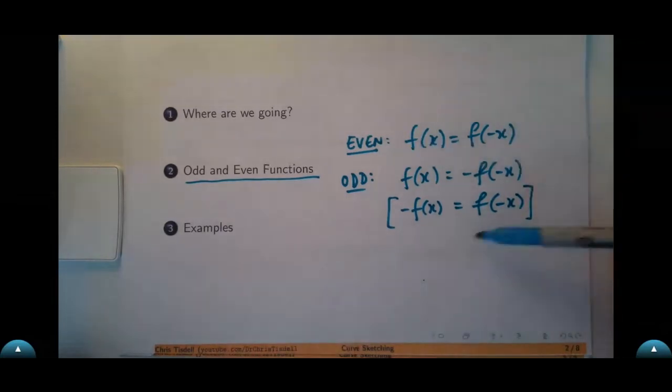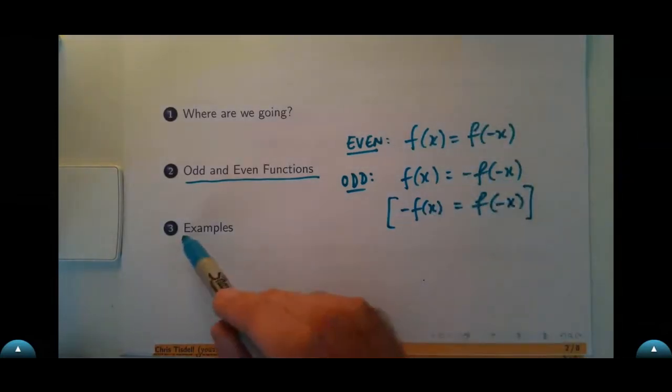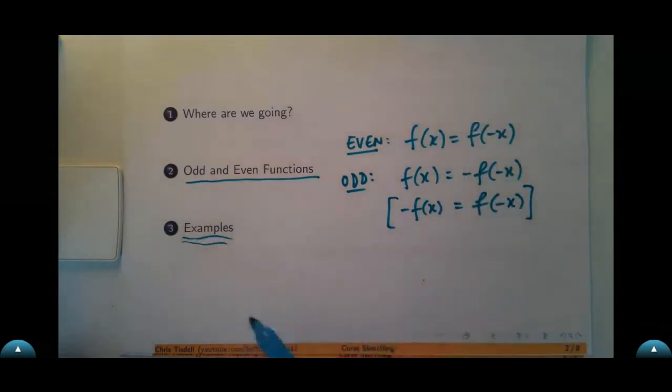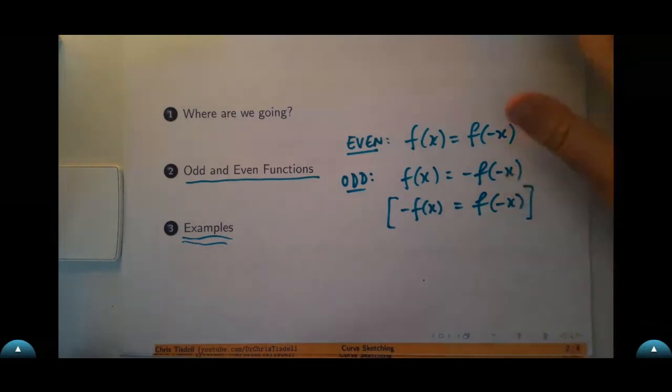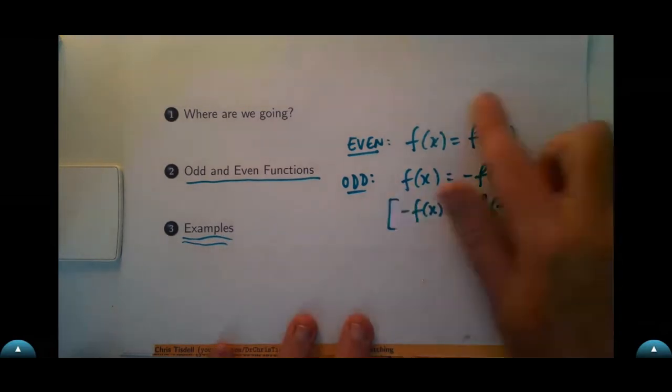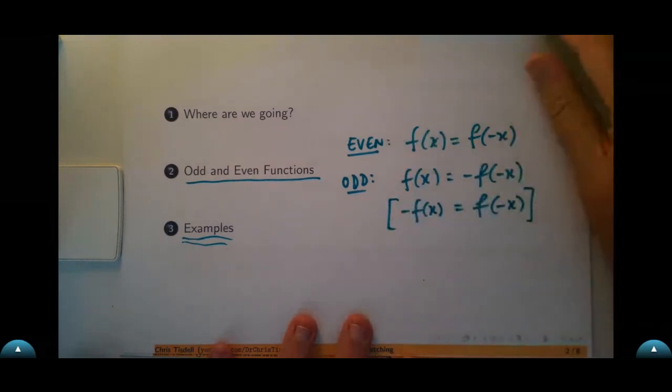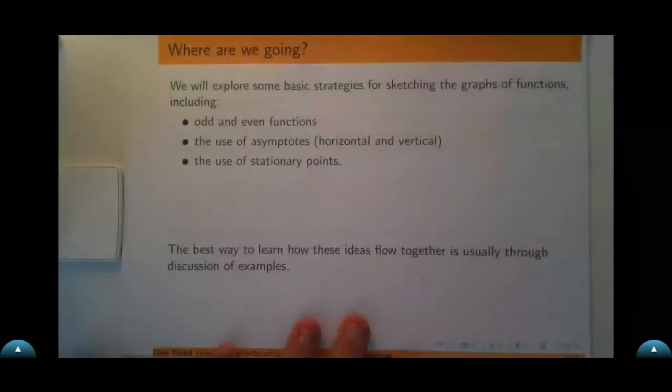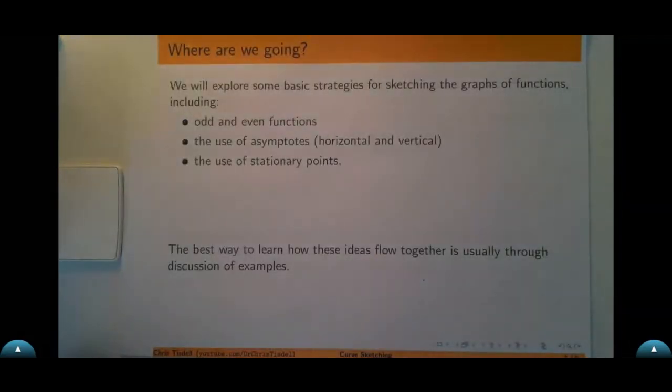We'll talk about these concepts a little bit, and we'll also look at examples. Some of these examples will probably be familiar to you from previous studies or school, but if you've forgotten, then that's fine. These are handy little things that can save you time when you're sketching the graph of the curve.